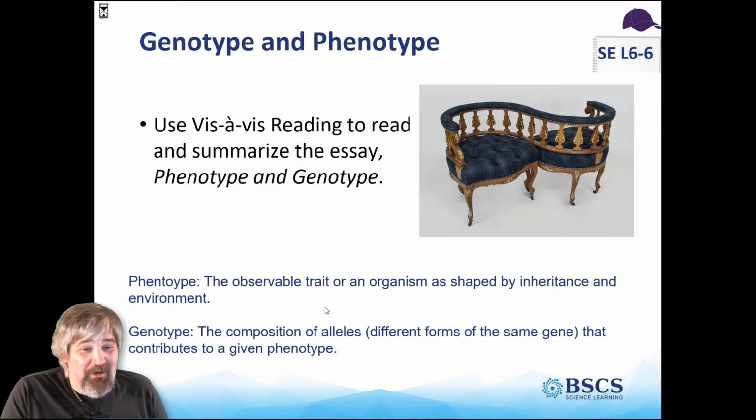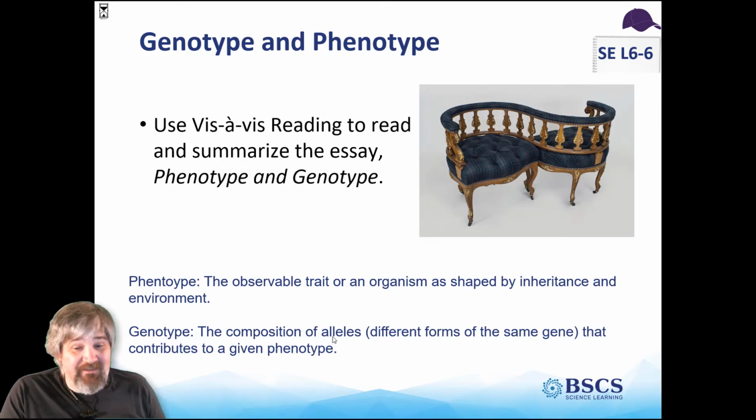In our case, we've been talking about coat color in the jaguars and a couple of other things, but we're going to stick with the jaguars. Now, the genotype is the combination of genes, in particular different forms of the same genes, which we call alleles, that contributes to a given phenotype.